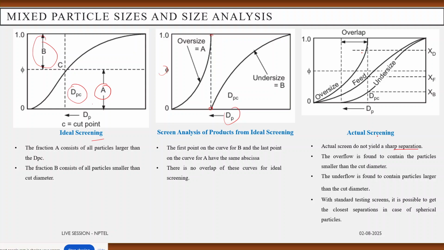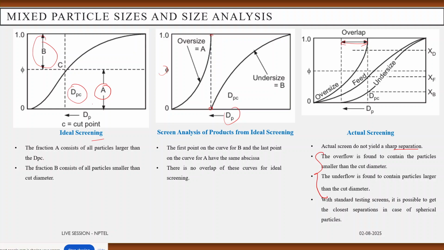So here is the reason you will get these two kinds of deviation, and this deviation denotes that this is not the ideal screening, it is the actual screening. There is some overlap, where some of the particles that are smaller in size are still retained on the surface of the screen. So this is not the ideal case, right? In actual situations, this is what we experience.